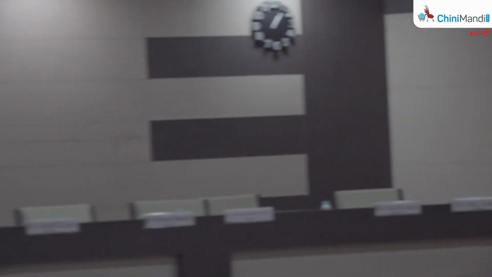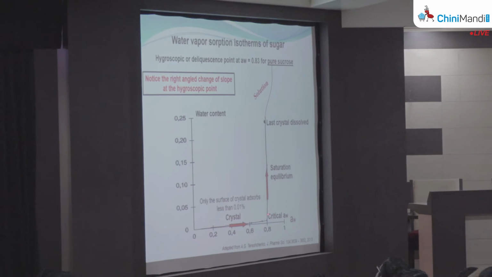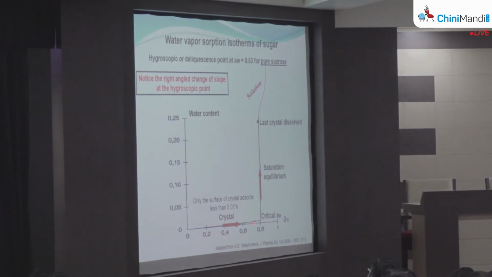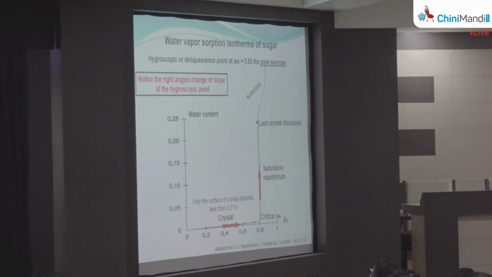Now, a few words about water activity and storage stability. Sugar is not as hygroscopic as one can imagine. You can go until 0.8, which means 83% of relative humidity, without absorbing more than 0.01% of water.